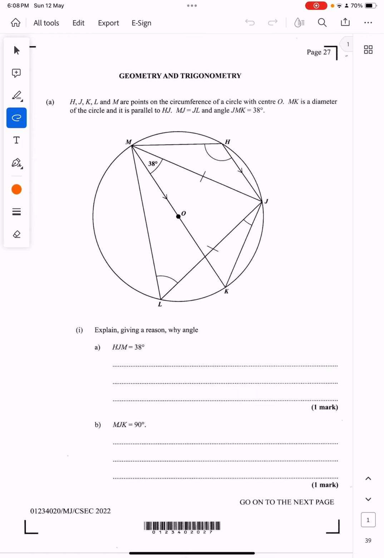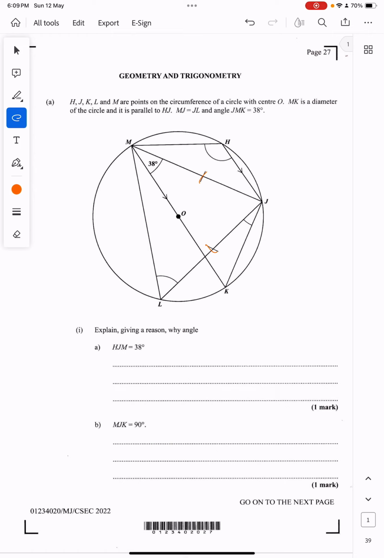Okay, we're told that MJ equals GL, so we can see that by these little lines here, and we can already know that we have an isosceles triangle. MJL is going to be an isosceles triangle, and we're told that angle GMK is equal to 38 degrees, and we can see that on the diagram.